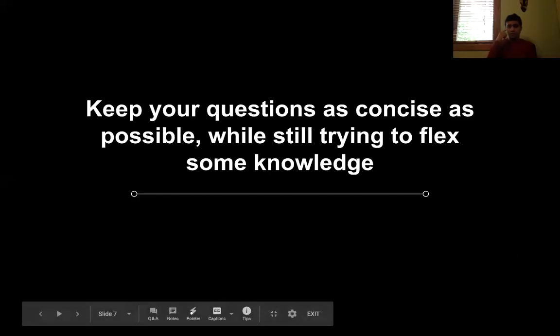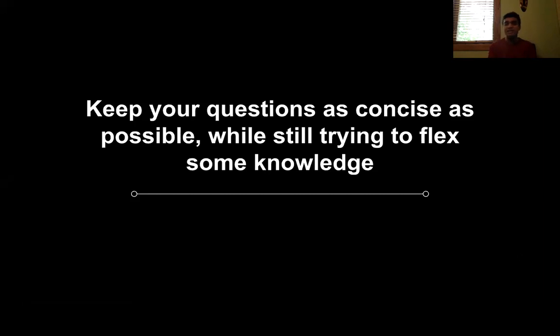Here's a general rule of thumb. You want to keep your questions as concise as possible, while still trying to flex some knowledge. A good example would be a question about US foreign policy. You could say, ever since the 1940s, after World War II, the United States committed itself to being the world's policeman, someone who protected the multilateral liberal institutions of the world.